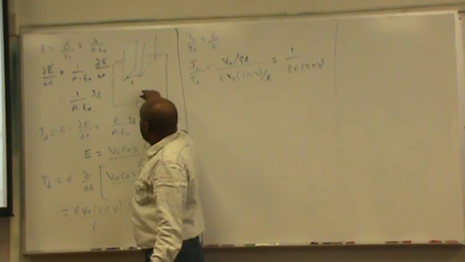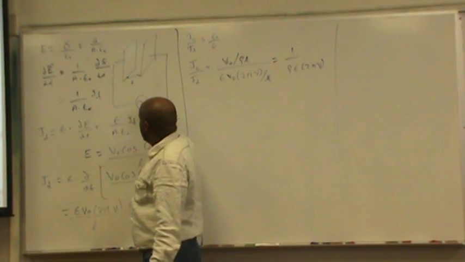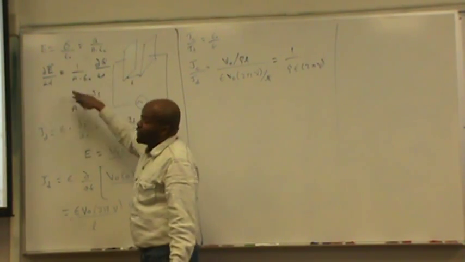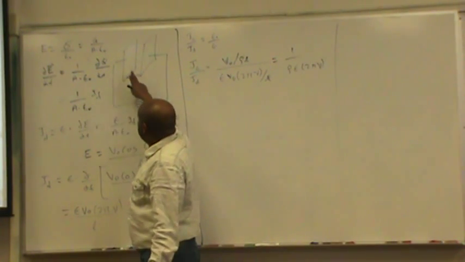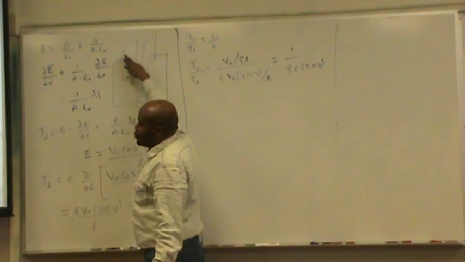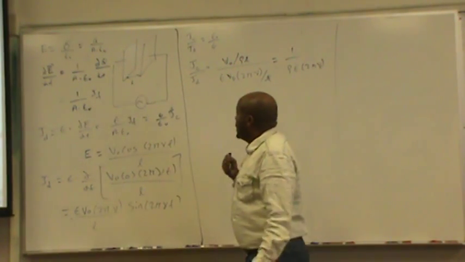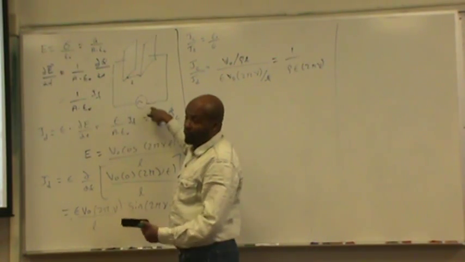But when you have an AC source that changes the current with respect to time, we cannot use this one, because the charge that we would have on the capacitor is going to be influenced by the time dependent nature of the voltage.